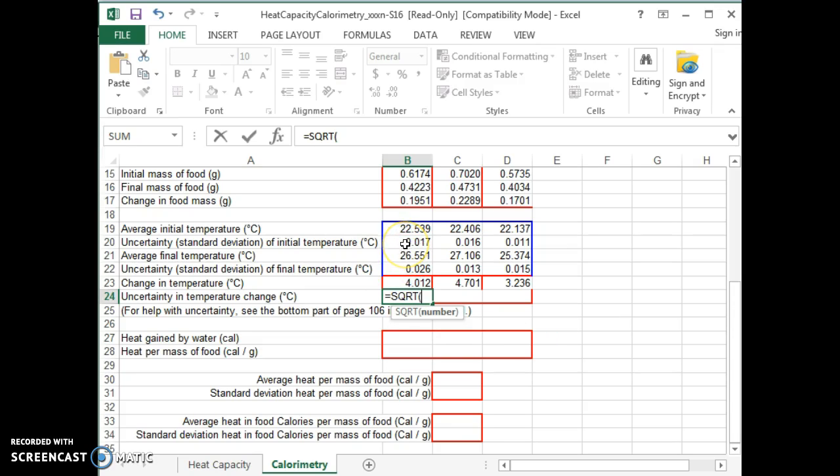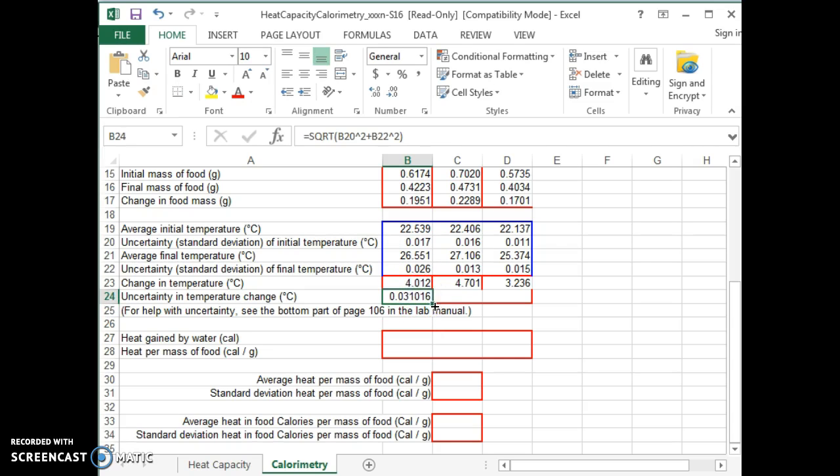I'm going to take my standard deviation from B20, and then I'm going to do the caret key and square it. So B20 raised to the second, and then I'm going to add plus my other standard deviation, which is B22. I'm going to square it, and then I'm going to close my parentheses. Hit enter, and you're all set.